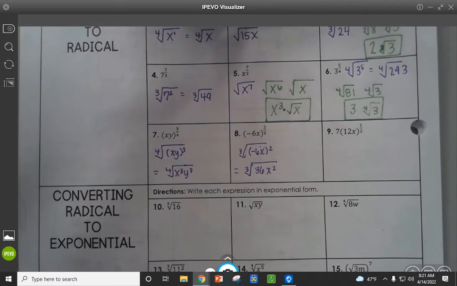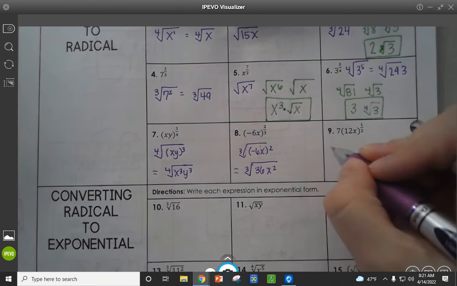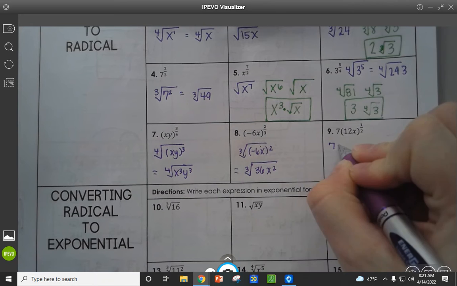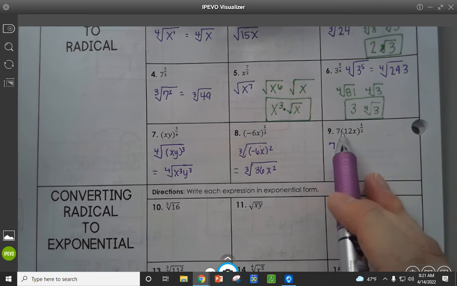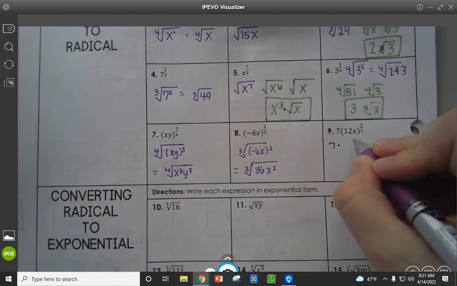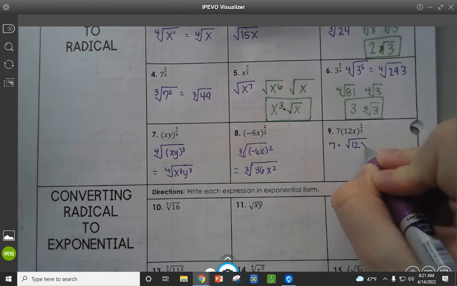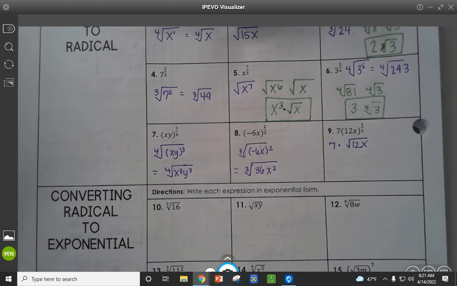Number 9, we would have the 7 times, the 7 is on the outside. That 7 does not have the exponent of 1/2, so it's being multiplied. So 7 times, and then we have the square root of 12x.